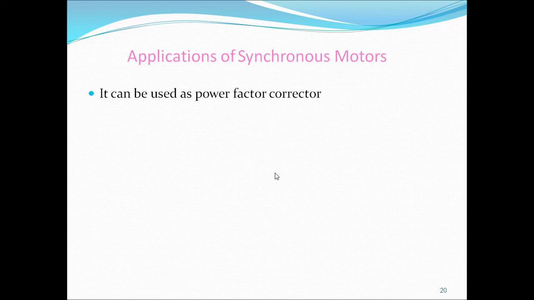They run the synchronous motor without load by changing the excitation. By over excitation, the synchronous motor works at leading power factor. Then the overall power factor improves, so the synchronous motor is used as a synchronous condenser for power factor correction.